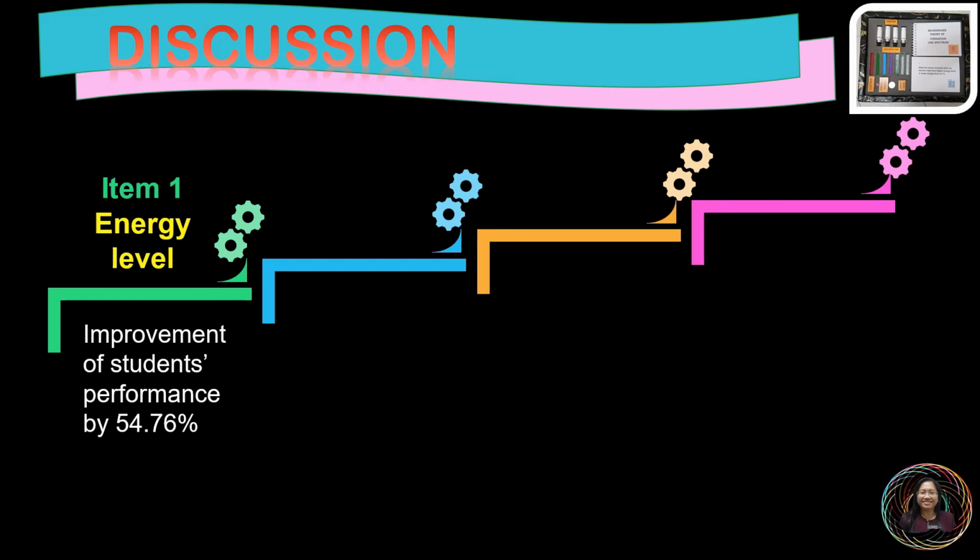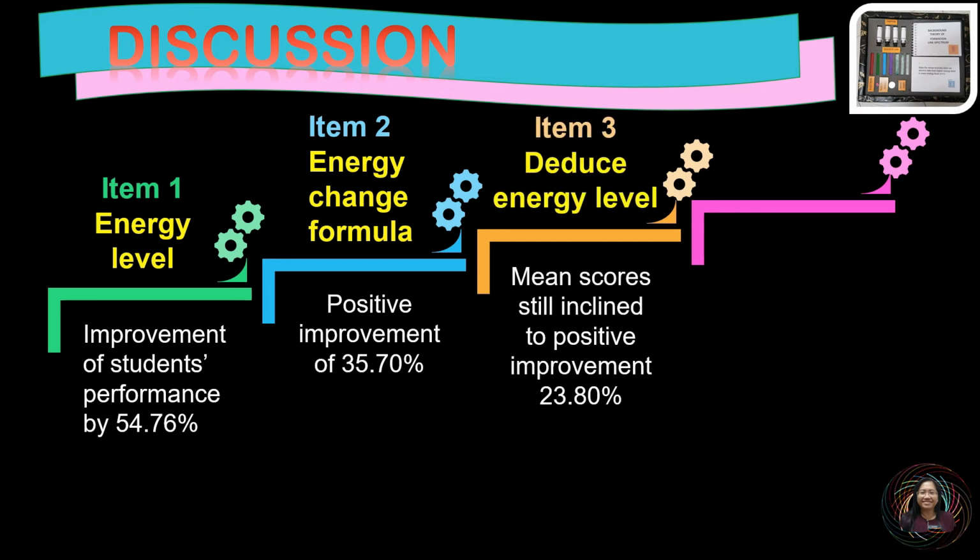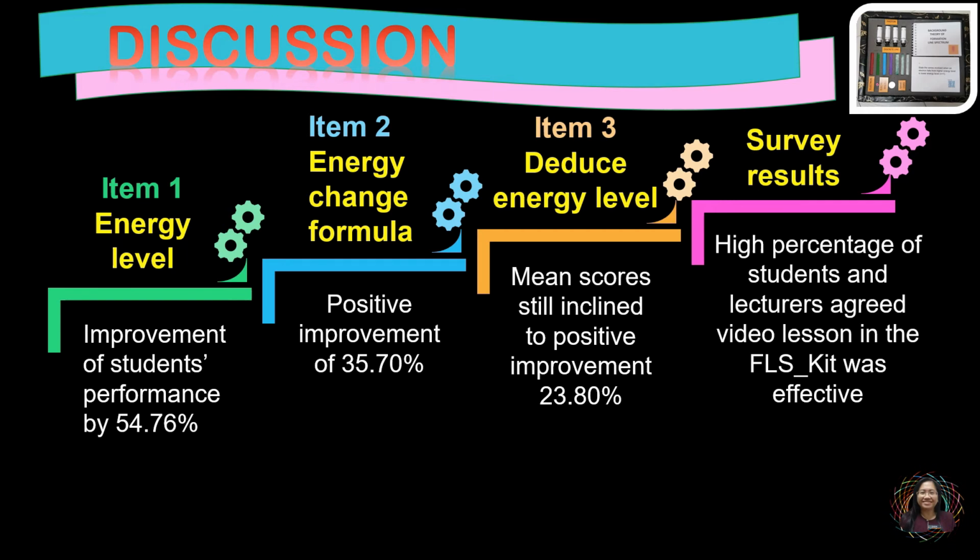Mean scores indicated improvement of students' performance for item 1 by 54.76%, positive improvement of 35.70% in item 2, while item 3 shows positive improvement by 23.80%.